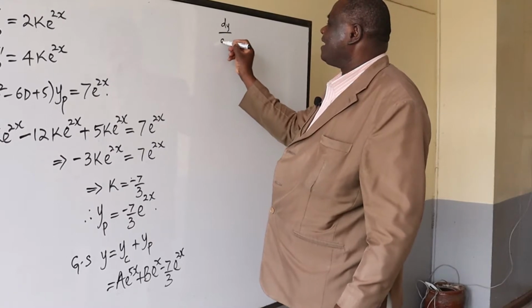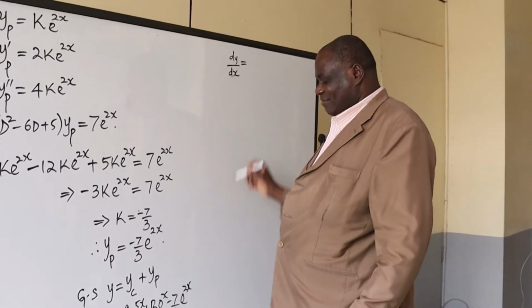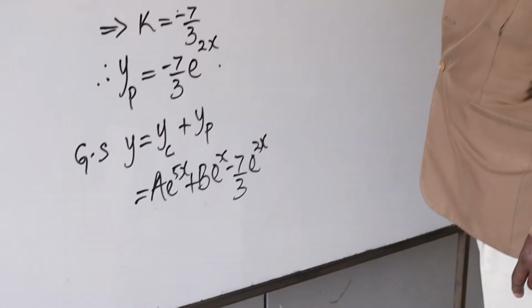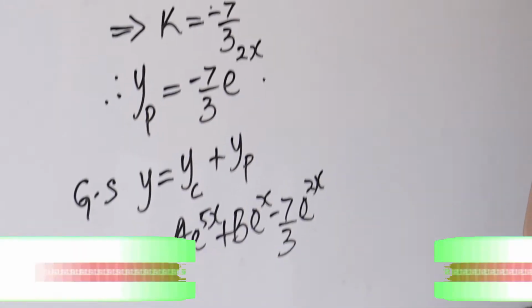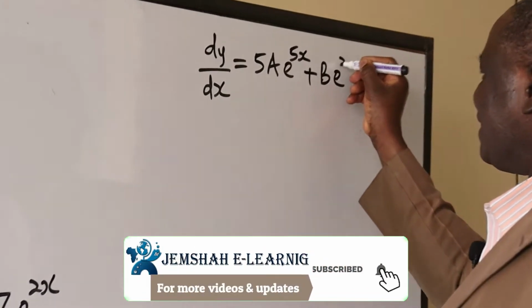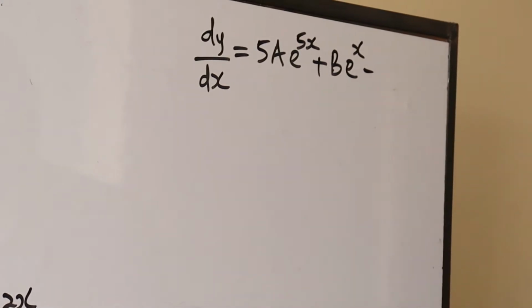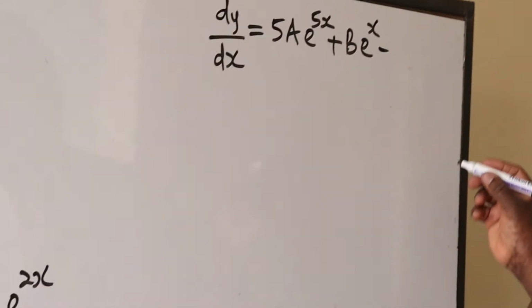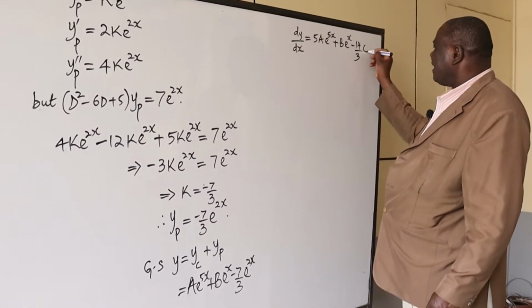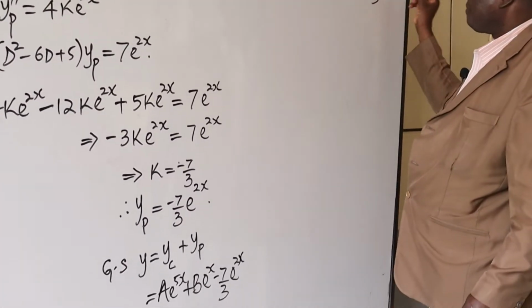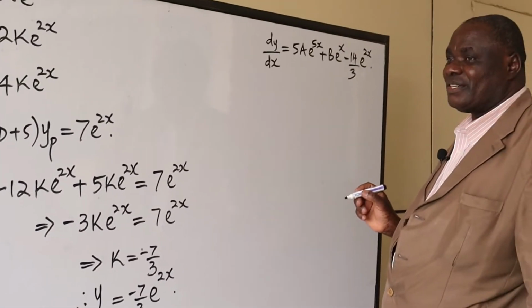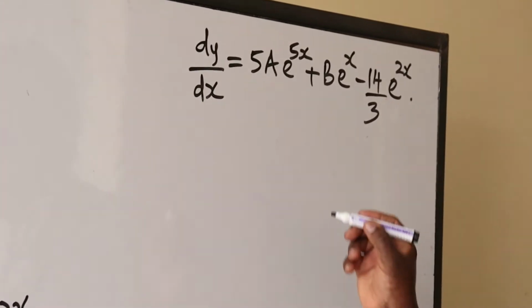So if y is equal to this, dy dx will be 5a exponential 5x plus be exponential x minus 14 all over 3 exponential 2x.